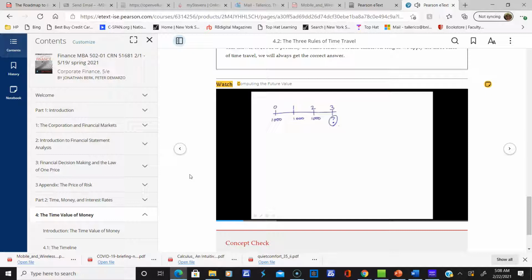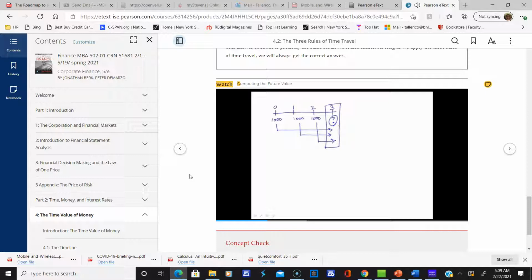What we're going to do is a little different than what we did in the text. In the text, we showed that you could figure out the future value of each of the cash flows individually and then add them up. And remember, that reminds us of one important point: once you have all of the cash flows lined up at the same point in time, then you're allowed to add them together.